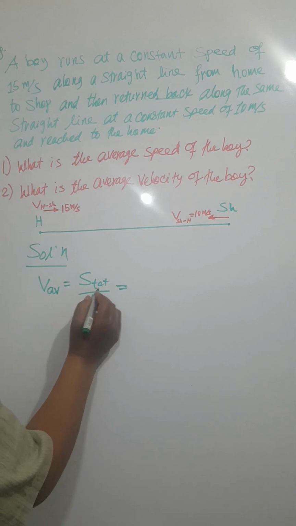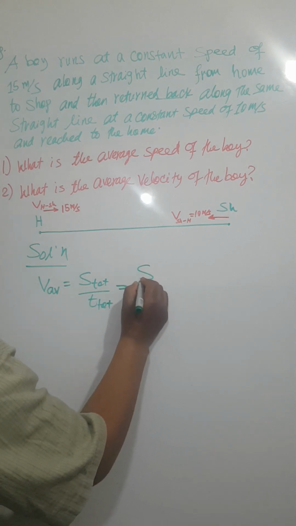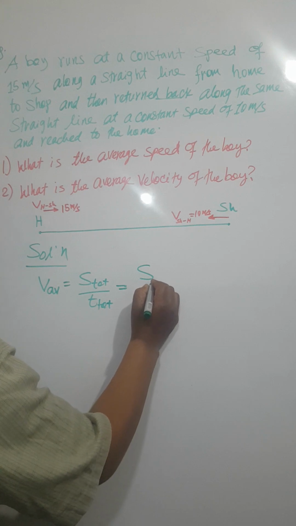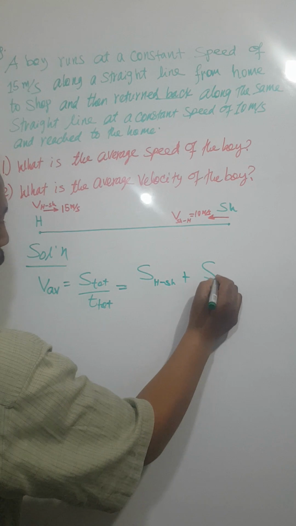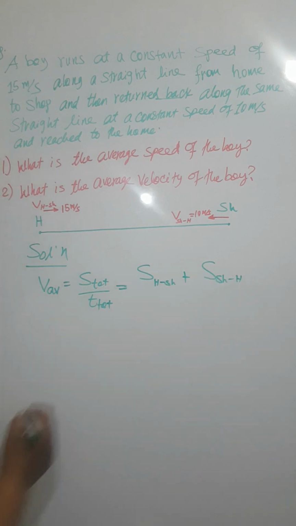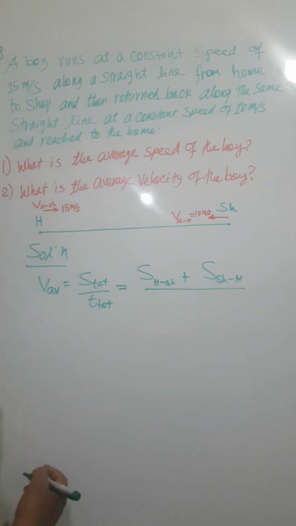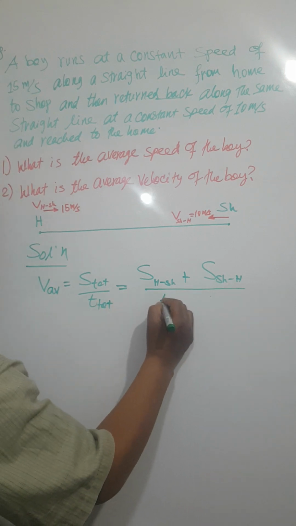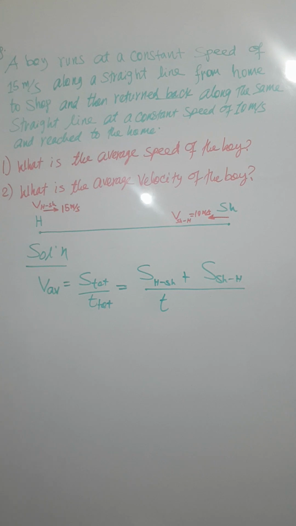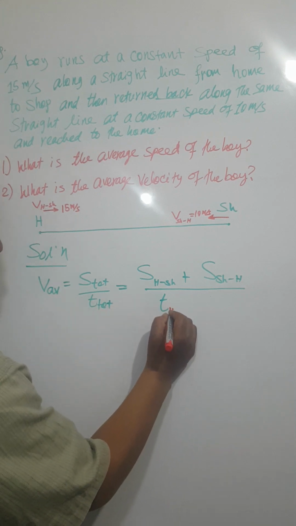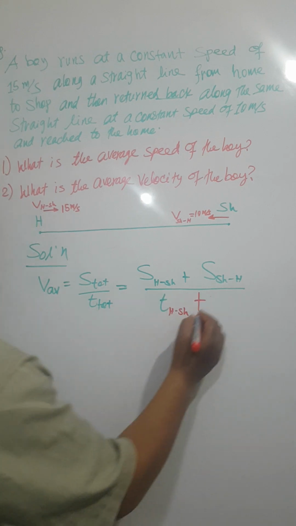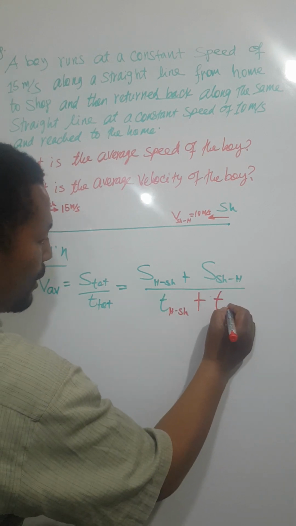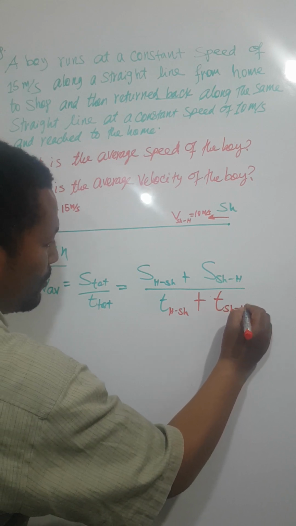Then the total distance is the distance from home to shop plus the distance from shop to home, divided by the time taken to travel from home to shop plus the time taken to go back from shop to home.